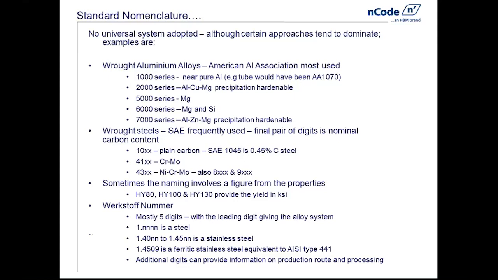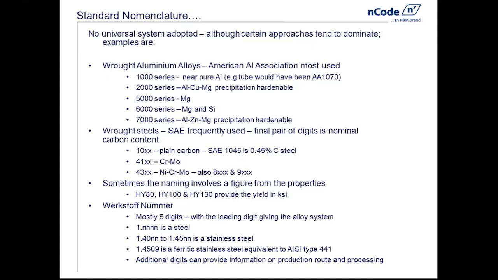The 1000 series are basically pure aluminium, varying levels of purity. 2000 series, the aluminium copper magnesium systems. 5000 series magnesium only. 6000 series magnesium and silicon. And 7000 series, which is the highest strength. I should also add there's the 8000 series, which is the aluminium lithium alloys. 2000, 7000, to a lesser extent 6000, but also 8000 are all heat-treatable alloys.